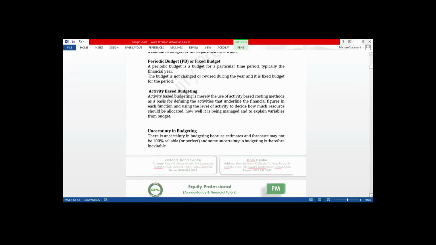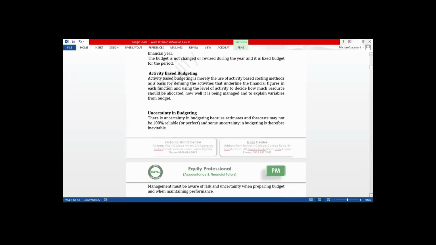If you prepare a budget for 2026, that is fine, but you must bear in mind that that budget is based on estimates. There is the possibility of error in your estimate. There is also the possibility of changes in circumstances.